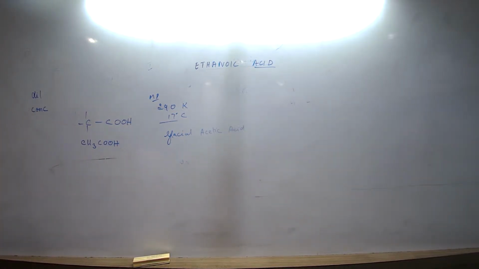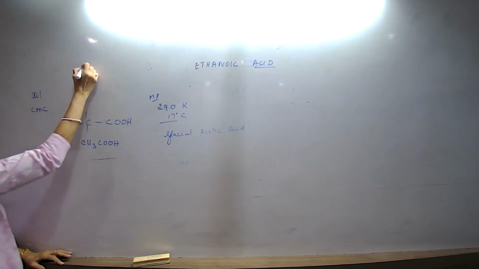A group of organic acids called carboxylic acids is characterized by acidic nature. What is an acid? In terms of chemical nature, what is happening? Let's take an example.